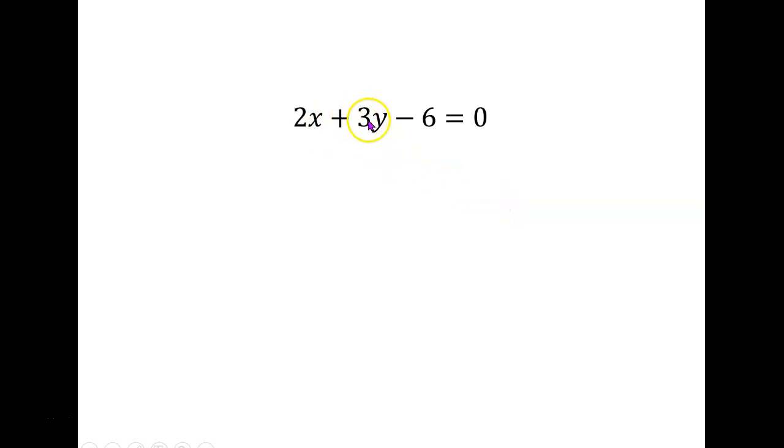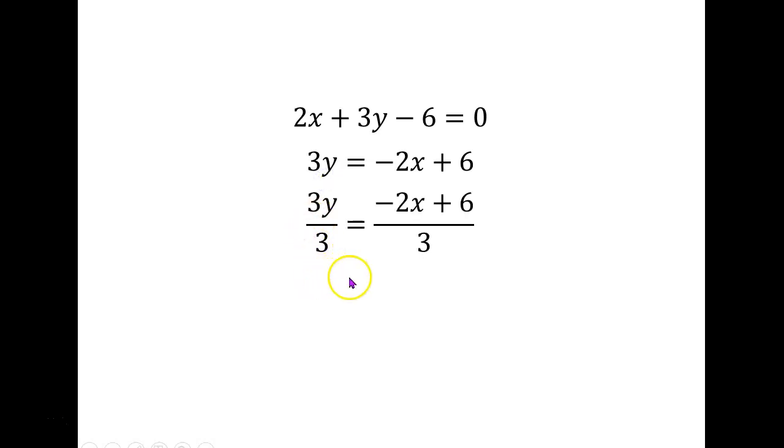We can leave the y term where it is, but get rid of the x term and the constant term, subtract 2x and add 6 on both sides, and then it's 3y equals negative 2x plus 6. Now we need to go from 3y to just y. So we do that by dividing by 3. And notice both terms have to get divided by 3 on the other side.